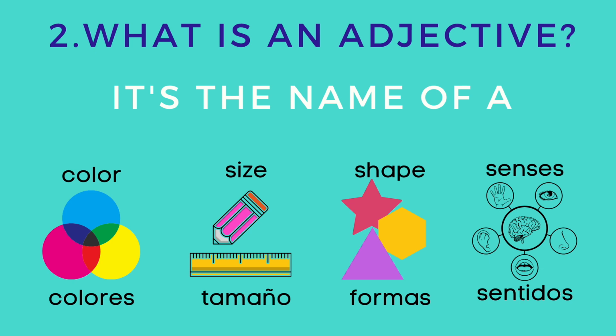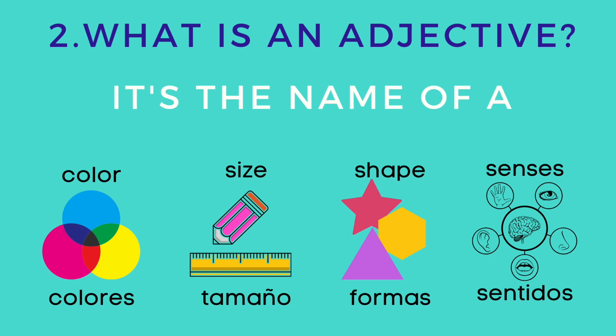Also, formas, shapes. How something is, talking about shapes, that's an adjective. And all related to our senses, it's also adjectives. What we see, what we touch, how we hear, how we taste, and how we smell, those words that describe these senses are adjectives.